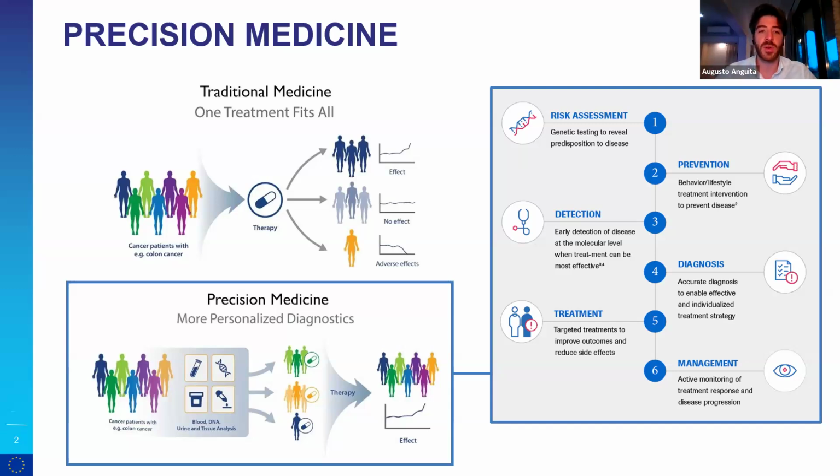The main goal of precision medicine is to analyze multiple sources of omic information, so we can identify subgroups of individuals in which we can actually initiate personalized clinical actions that can go across different levels. It can be for personalized risk assessment, prevention, diagnosis, but also treatment and personalized management of disease.